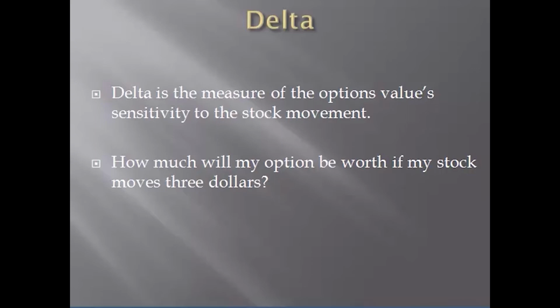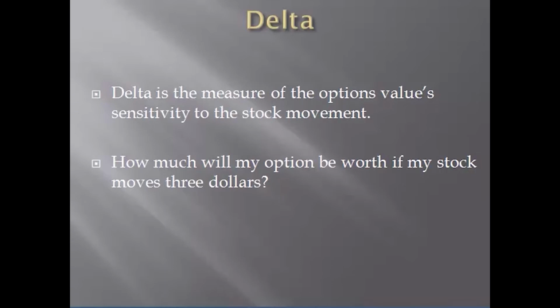Or in other words, how much will my option be worth if my stock moves $3? And that's good information to know, because most people will look and say, hey, how much is my price for my option today? And they look at it today, and they have no clue. They just know that generally call options move up as stock prices move up.